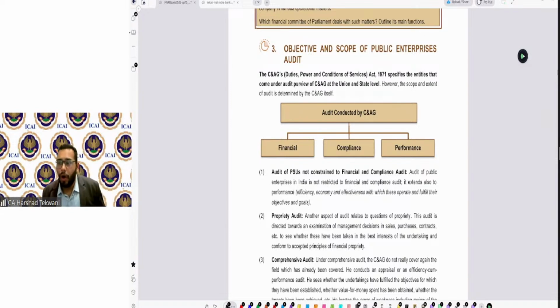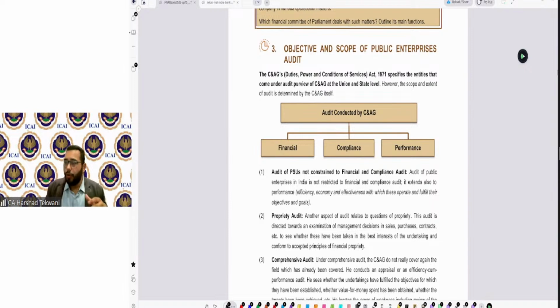When you are doing so, you first have to understand what type of audit it is, and what are the criteria, laws, regulations, rules and standards applicable to you as an auditor while conducting the audit. Because those are directly related to the audit that you are going to perform.